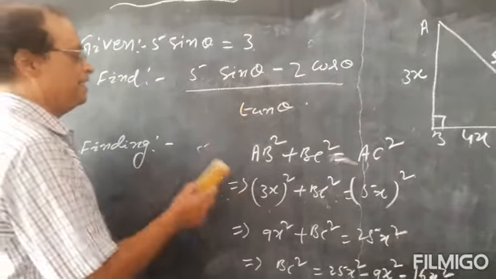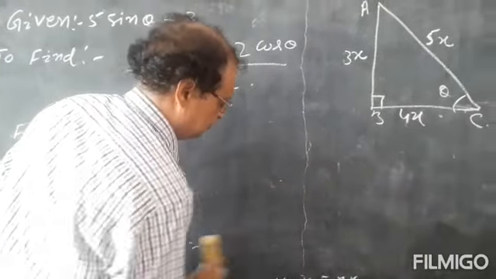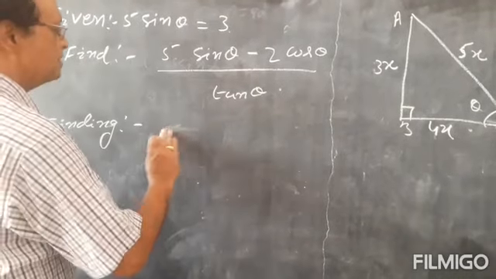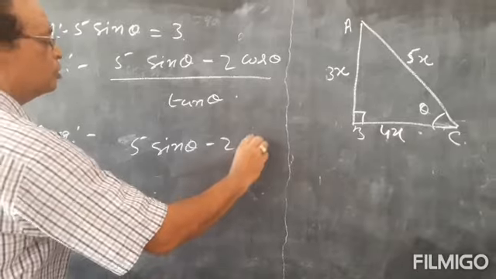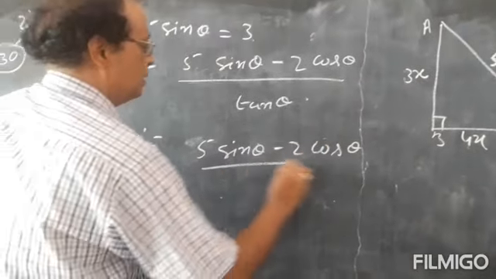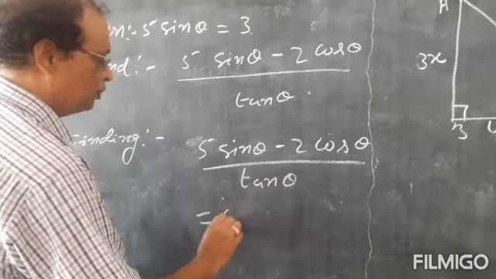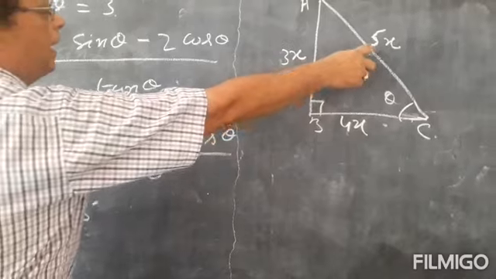Now we are asked to find this. So now 5 sin theta minus 2 cos theta divided by tan theta. Now that is equal to 5. What is sin theta? Sin theta is opposite side by hypotenuse.